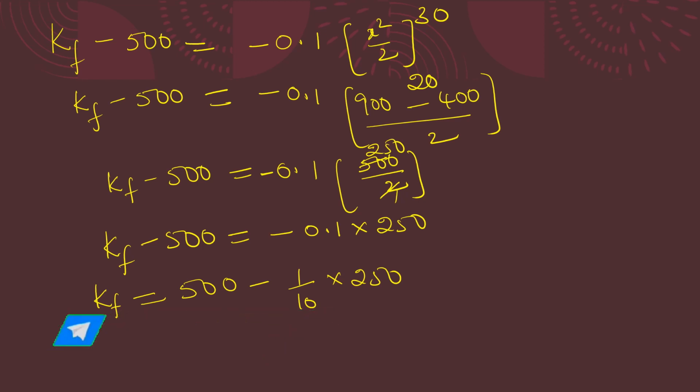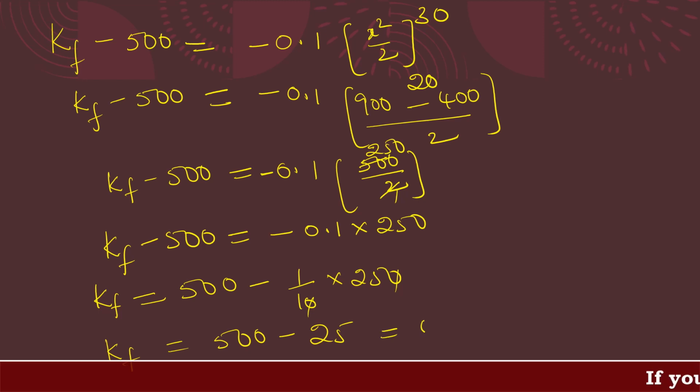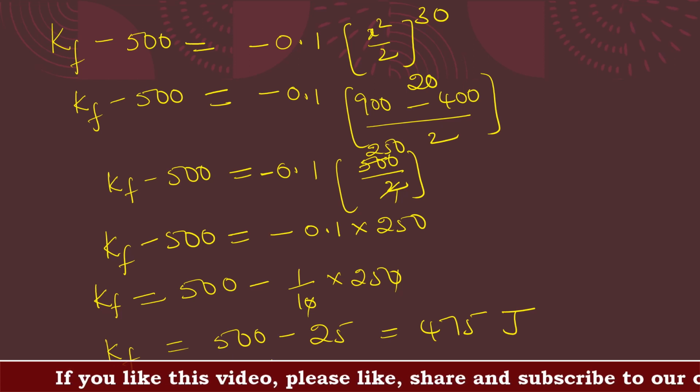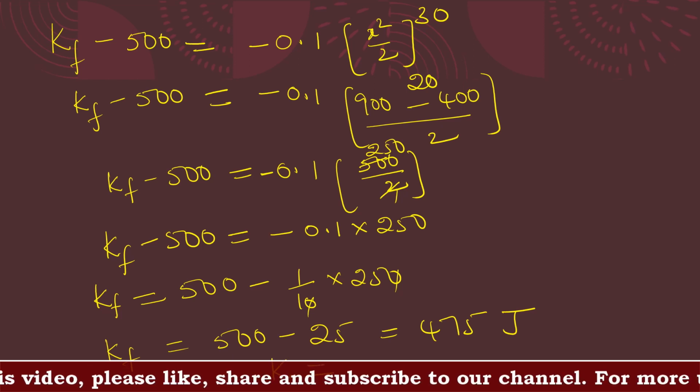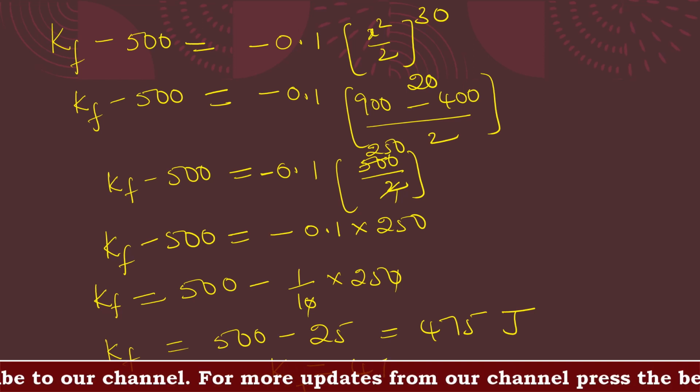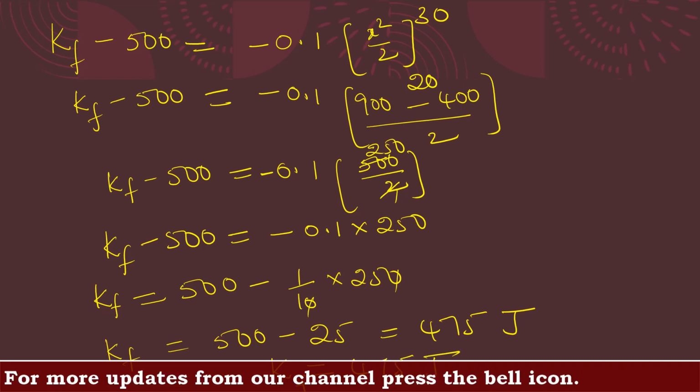So 0 and 0 get cancelled. 500 minus 25. So Kf equals 500 minus 25, that is 475 joules. This is final kinetic energy. Kf equals 475 joules.